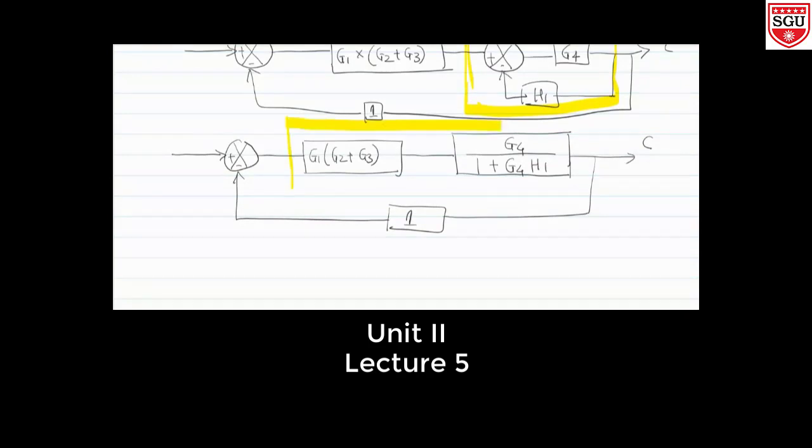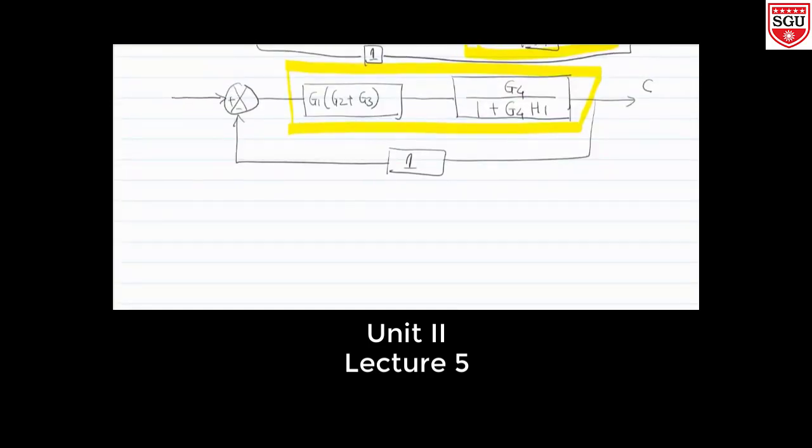These two are coming in series, no? Then we can multiply those two. It will be a big block where G1, G2 plus G3 multiplied by G4 divided by 1 plus G4 H1. This will be one block.